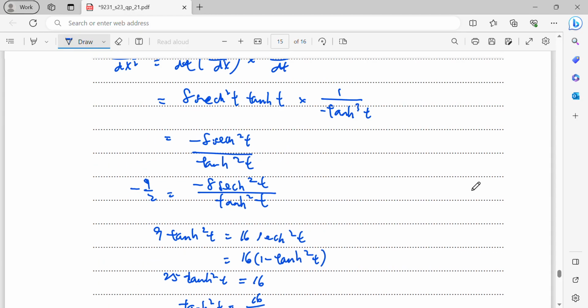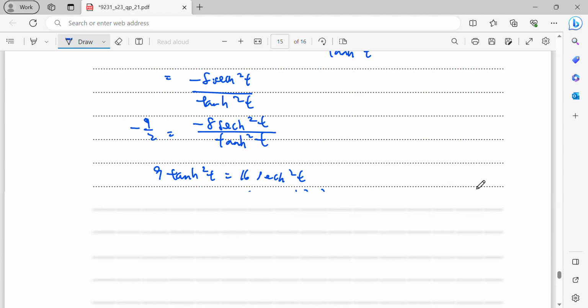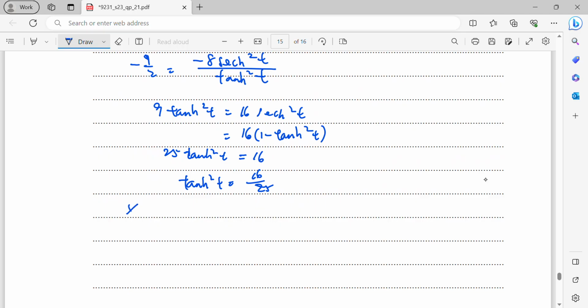Okay, so now replace the x because we need to get the point, right? So your x is half tangent squared t plus ln secant t. Even though I get the tangent squared t, I need to get secant t. So it means that from here, I need to get secant squared t.